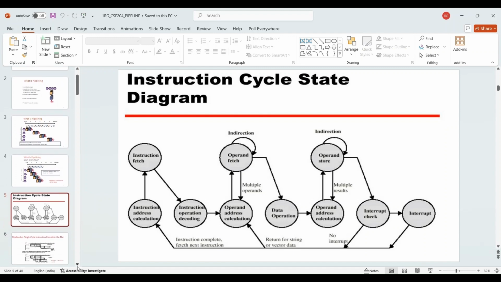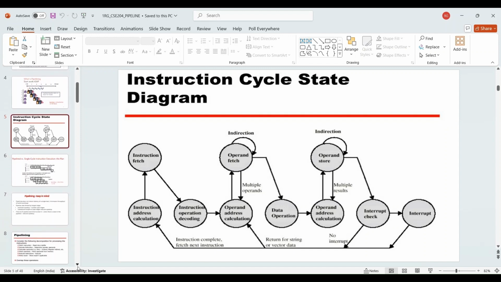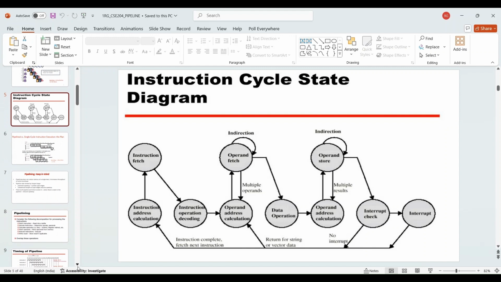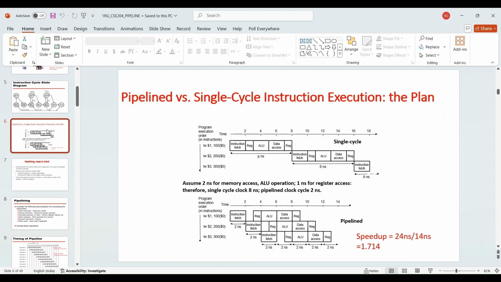Because these stages are separate, they can be made completely separate from each other so that they don't depend on each other. And we can apply the pipelining concept.